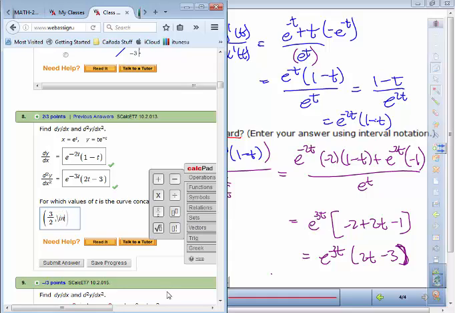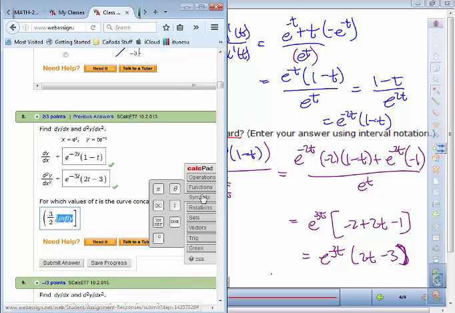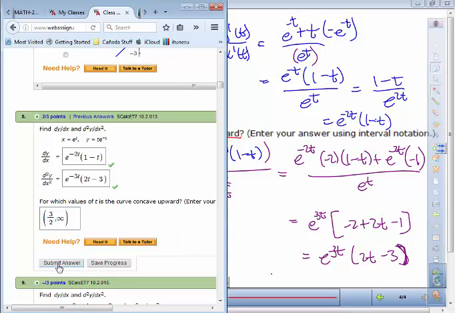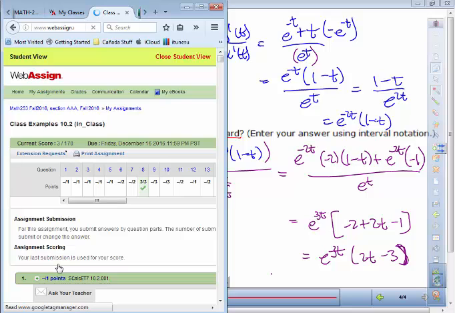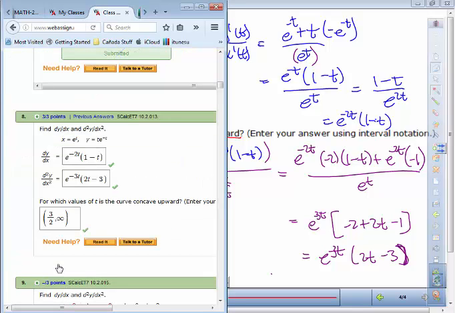Oh yeah, probably want open parentheses for that. So if you guys run into problems where they ask for interval notation, it's this parentheses, open, close, and all that stuff. And you can see some of the symbols that pop up on the right side of your text.